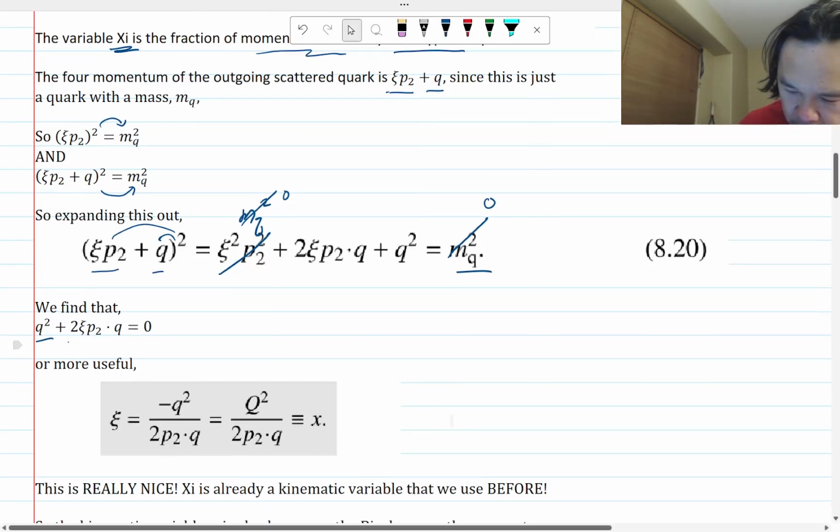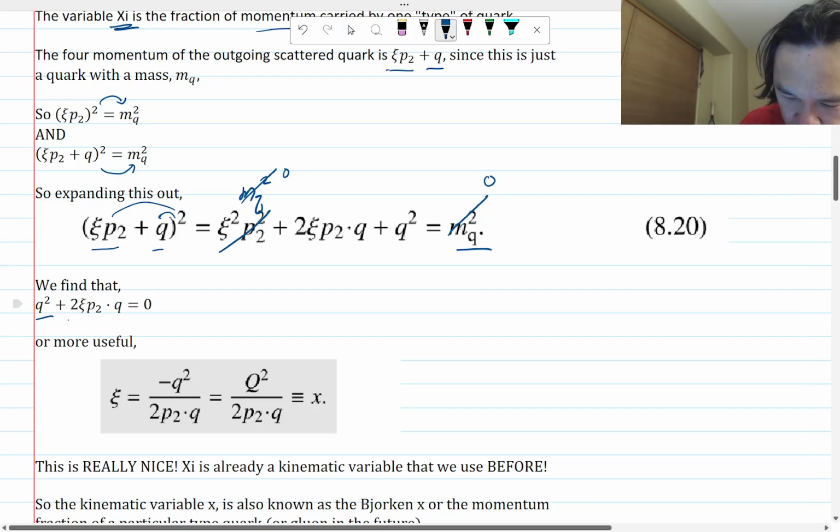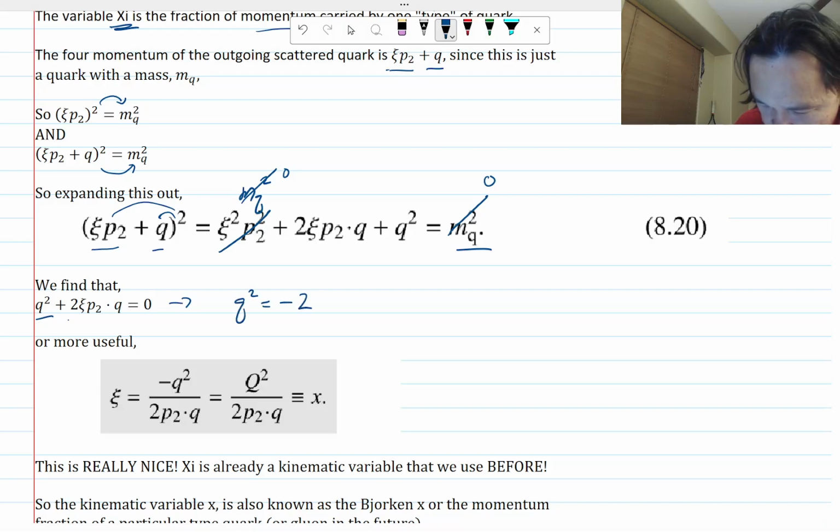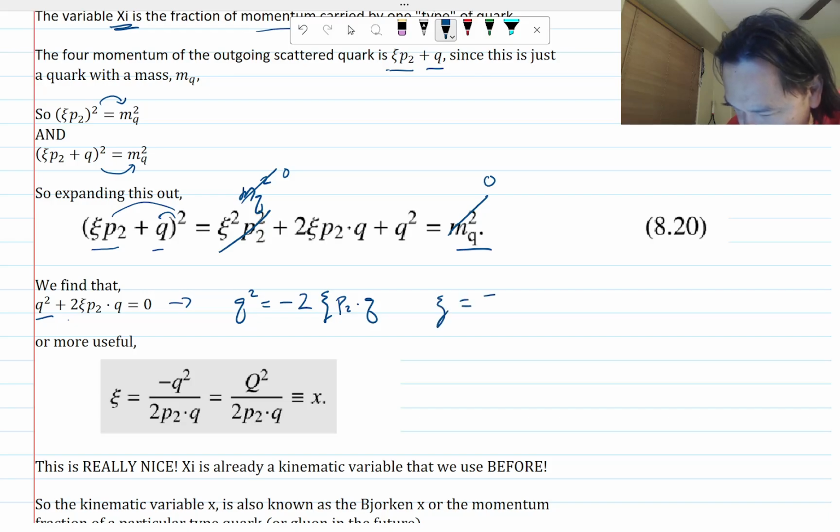Okay, we can solve this equation for xc. So we have q squared equals minus 2xcP2 dot q. Solving this for xc, we get that this is negative q squared divided by 2P2 dot q.